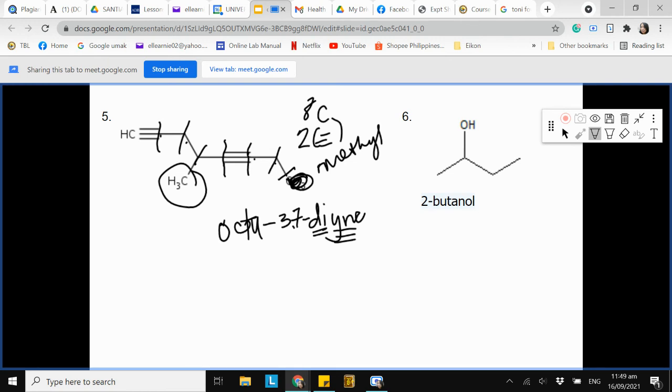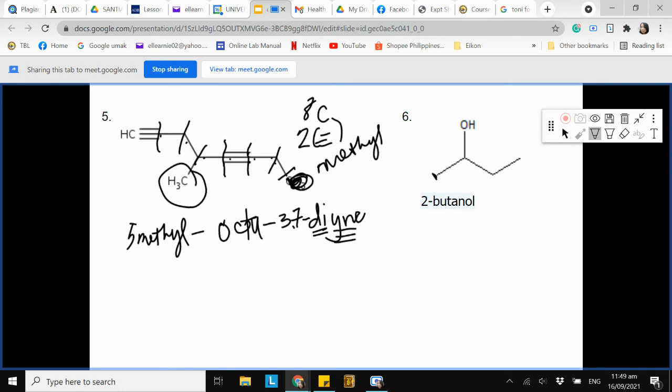Okay? Octa-3,7-diene. Tapos, may isang methyl ka. Nasa 1, 2, 3, 4, 5. So, 5-methyl octa-3,7-diene. Okay? So, yan.